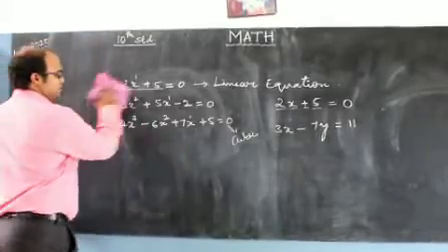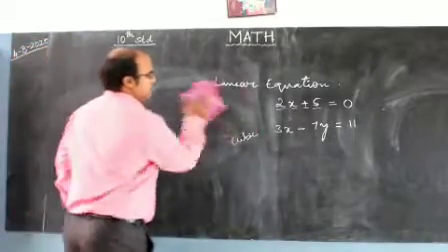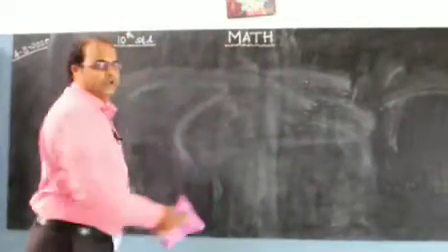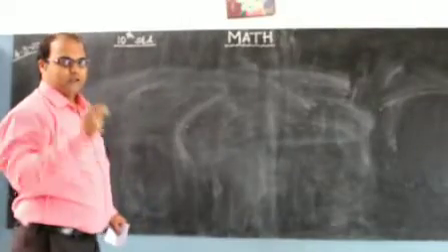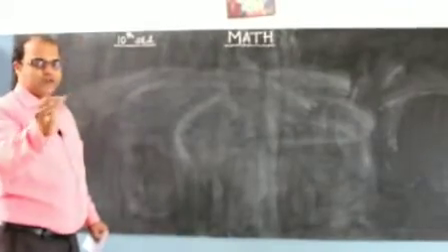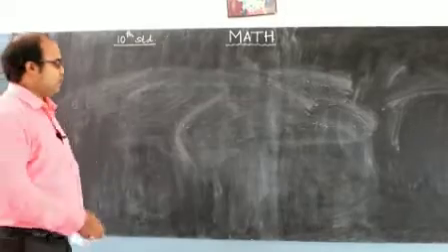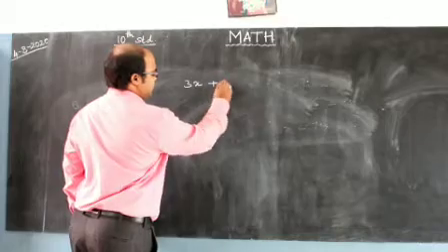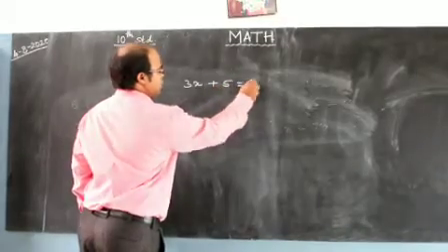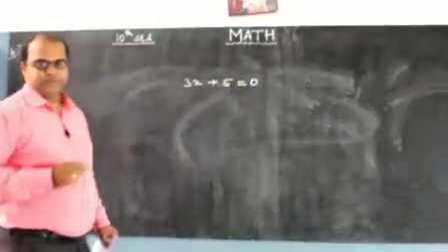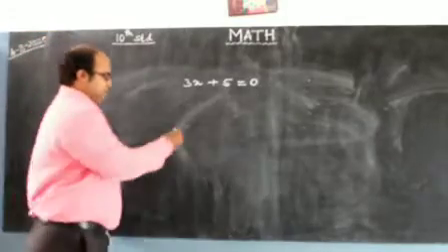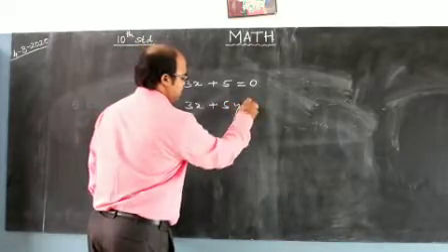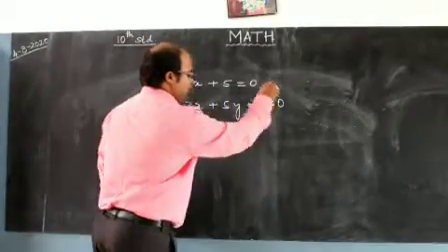Now, next, I am going to write some equations on the board. You see and identify what is that I have written. Okay, 3x plus 5 equal to 0. This is one equation. I am going to write another equation, 3x plus 5y plus 7 equal to 0.